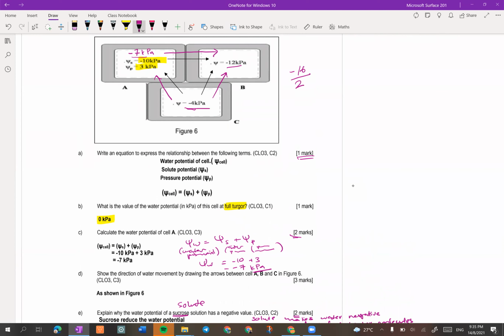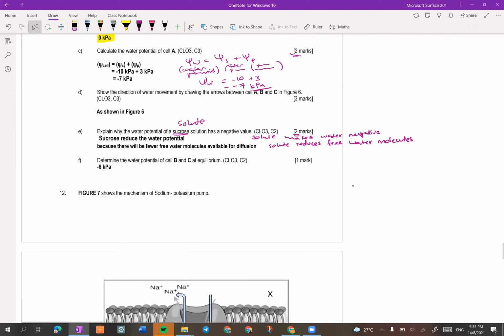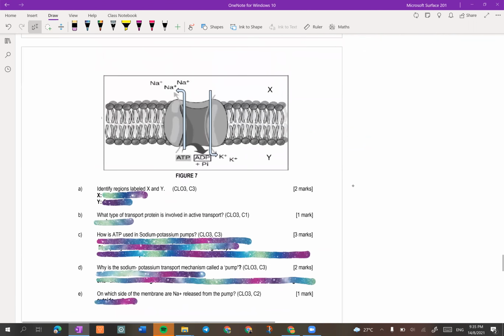Okay, this plus this, which is -12 plus -4 equals -16. Then divide by 2. Divide by 2, we get -8. Right? Oh, I was wrong because I forgot to put kPa. Okay, if you got it right and put -8 kPa, then give me a shout out in the comments section. Thank you.